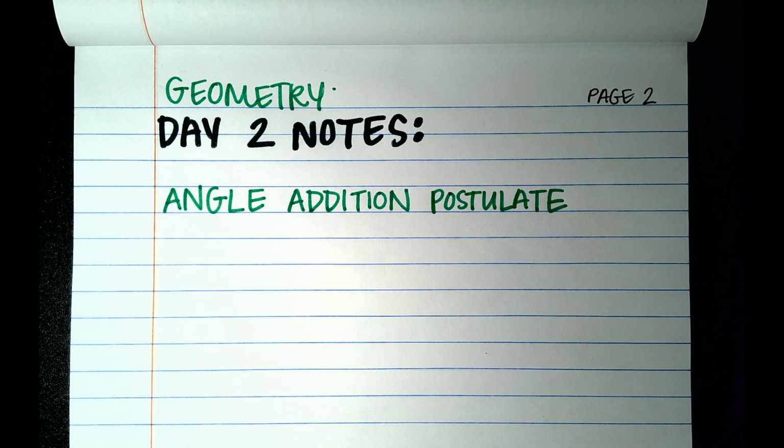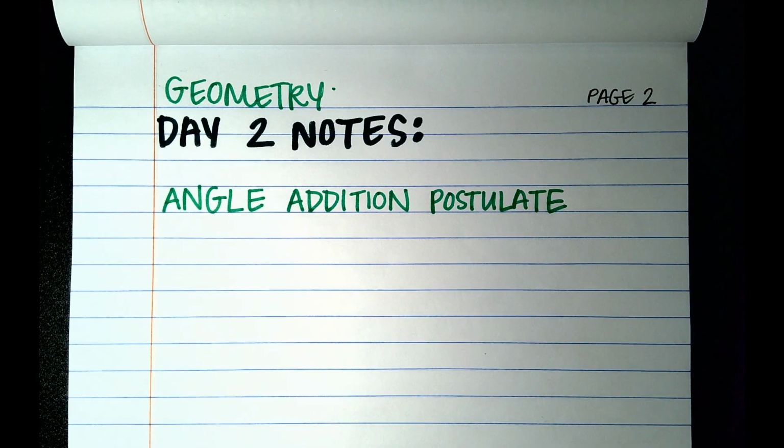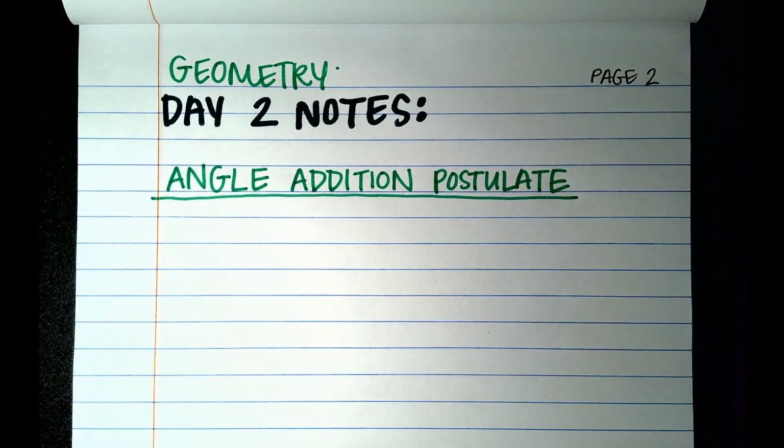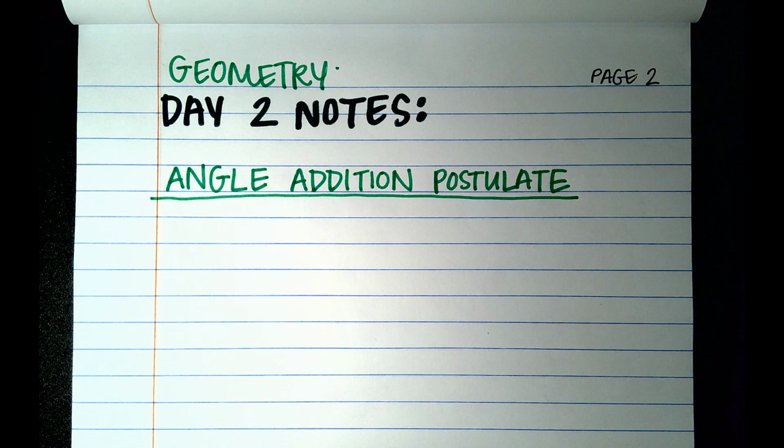And I bet you already know how to do this, and you don't even know it, because it's the exact same process we just did. It's just now instead of being on a line segment, it's with angles, and instead of inches, degrees.